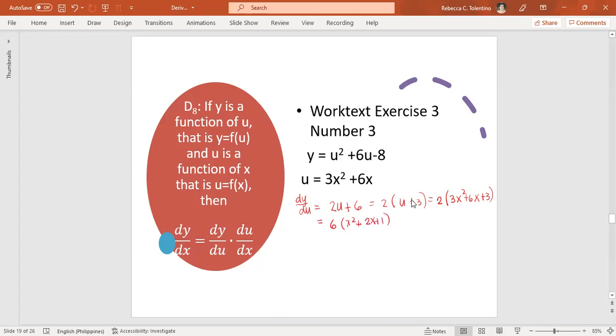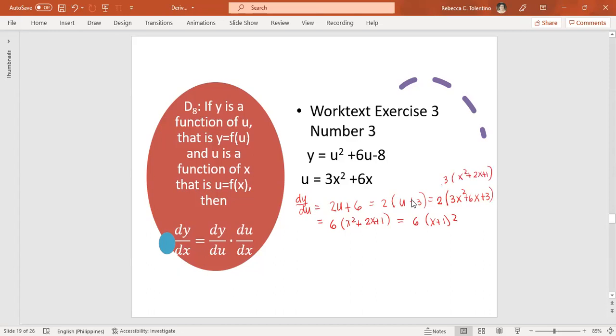Now, if you can recognize x squared plus 2x plus 1 being a perfect square trinomial, we can factor this out and express this as 6 times the quantity x plus 1 squared. Okay, so here we just factored out 3. So it becomes 2 times 3 multiplied by x squared plus 2x plus 1. That's why instead of 2, we now have 6 in the next step.